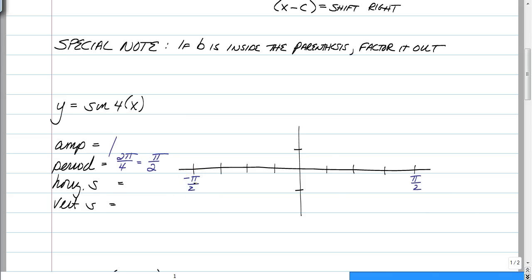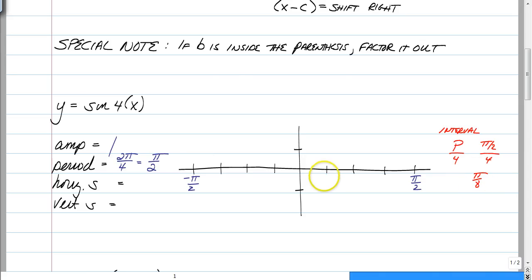Now, a little trick to scaling the rest of them. A little side note, the interval of your tick marks is the period divided by 4. So pi over 2 divided by 4 is pi over 8. That's your interval.